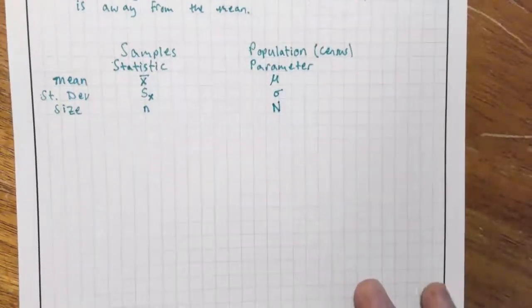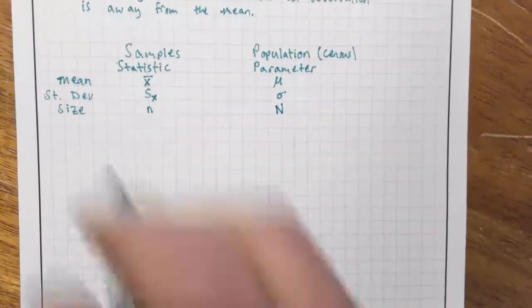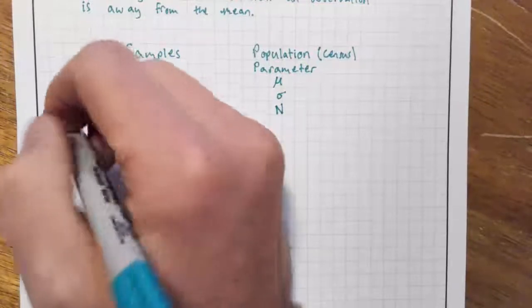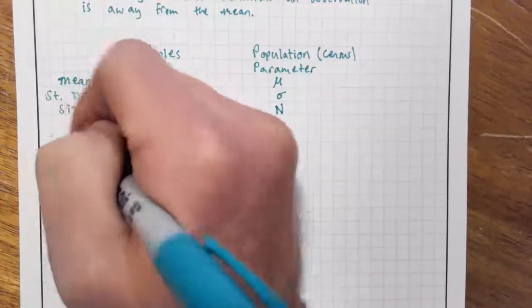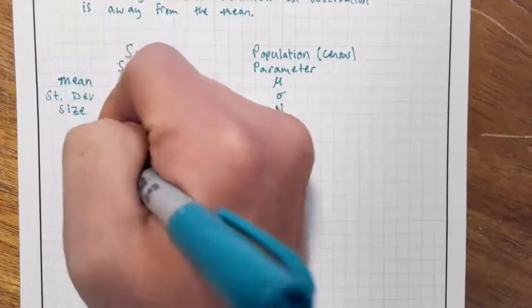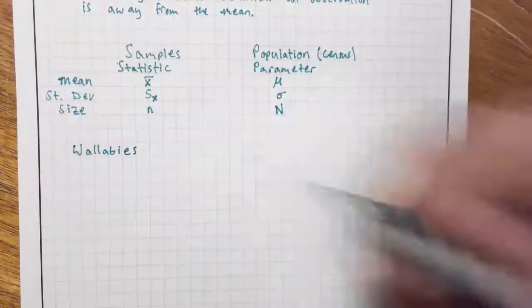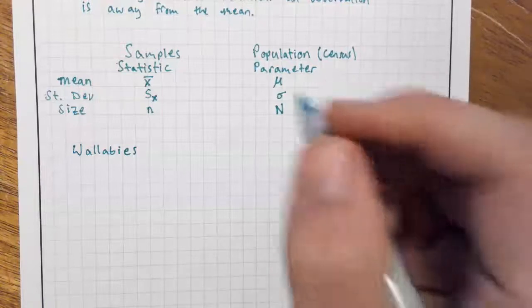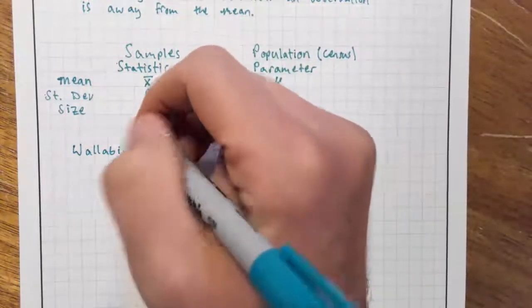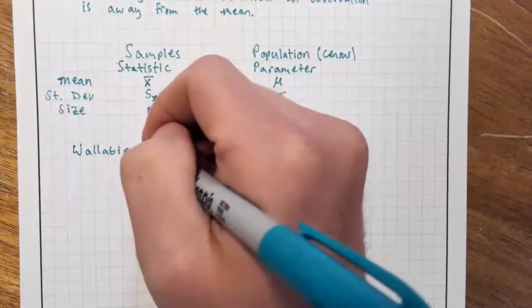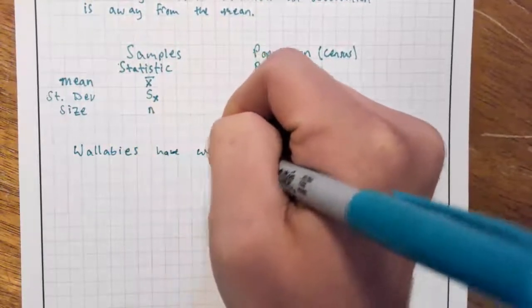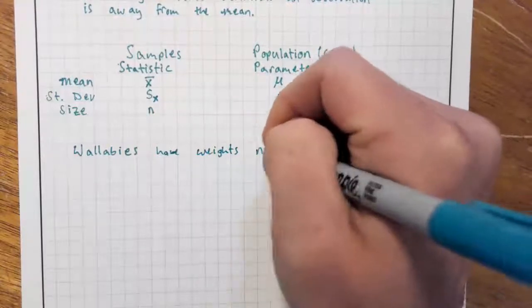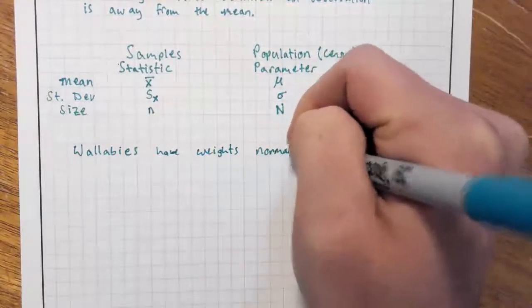I looked up some information earlier on one of my favorite animals. Here is some information on wallabies, super cool miniature kangaroos. Wallabies have weights that are normally distributed, which is important.